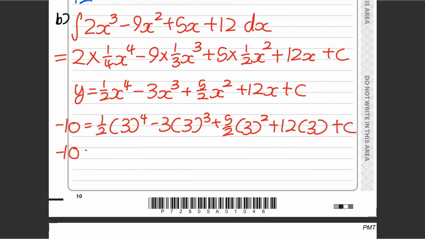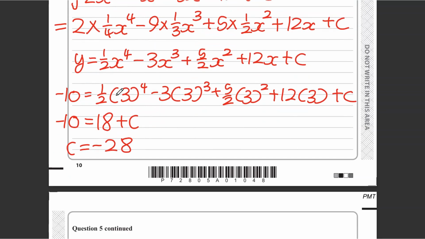So you've got minus 10 is equal to, so all of this stuff here, if you put this into your calculator, is equal to 18, and then we've still got this plus c on the end, and then move this 18 to the other side, so we get that c is equal to minus 28.